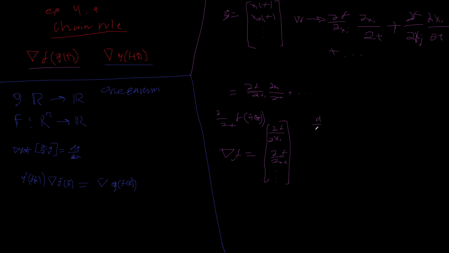We can just take d over dt of g, which is d over dt of x1 of t, d over dt of x2 of t, and so on. That's g prime of t. I'm going to get into all this a lot more in the next episode.